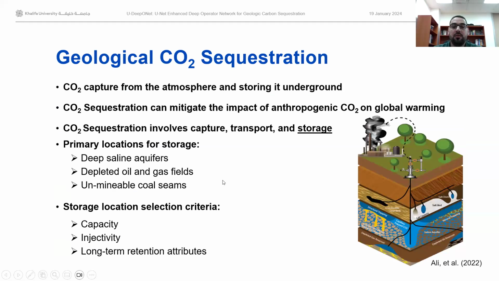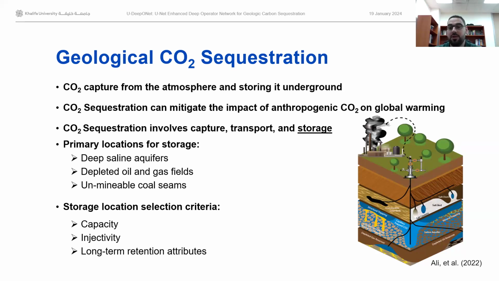So the problem of geologic CO2 sequestration is mainly important for addressing the climate change problem. As you may know, the global temperature has been rising for the past few decades. In fact, it's estimated that it has risen about 1 to 2 degrees since the start of the recording in 1850. And it's mainly due to the anthropogenic CO2 that humans emit into the atmosphere.